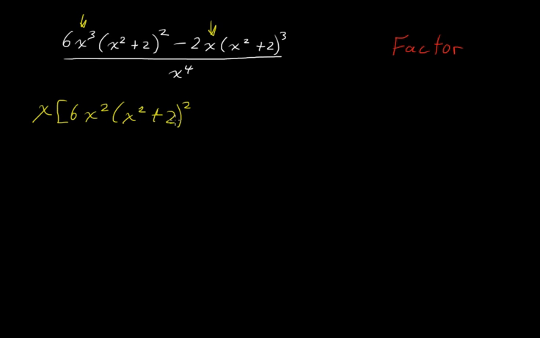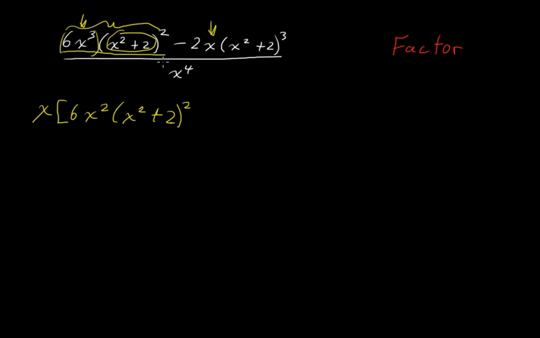Let me review that this is all being multiplied together: the 6x to the third times x squared plus 2 raised to the second power. So when we factor an x out of this entire term, it's only coming out once. Sometimes you would think, what about what's in here? Well, no, because this is all being multiplied together.